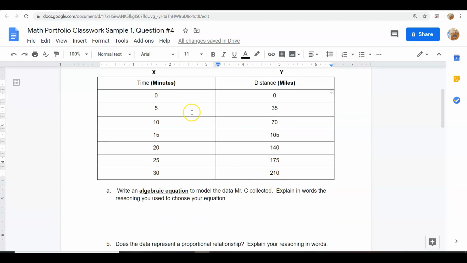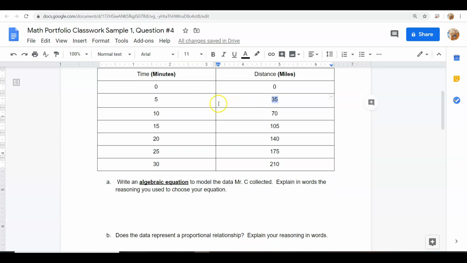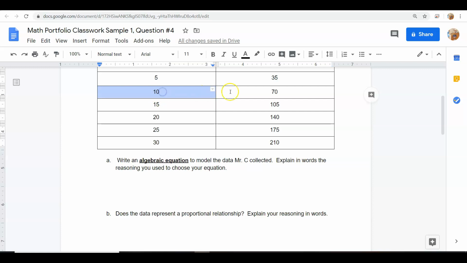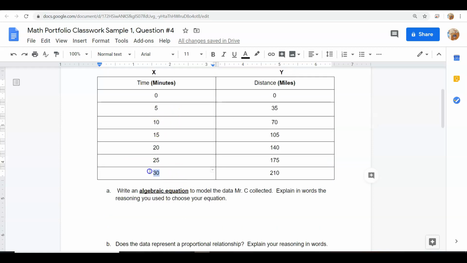But we look at the chart and we see that as my minutes go up by 5, something happens to the amount of miles I have run. So in 5 minutes, apparently I have run 35 miles. After 10 minutes, I have run 70 miles. After 15 minutes, I have run 105 miles. And it goes up to 30 minutes.